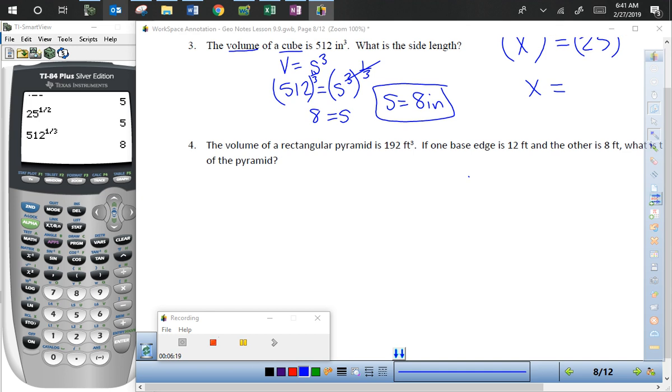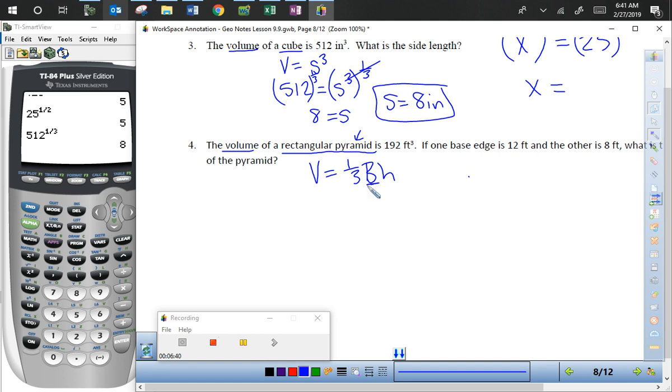Alright, the next one, it says the volume of a rectangular pyramid is 192. Okay, so volume and then rectangular pyramid. So we're looking under pyramid and the volume formula there. With our pyramid we have a point, so our volume formula is 1/3 area of the base times the height.